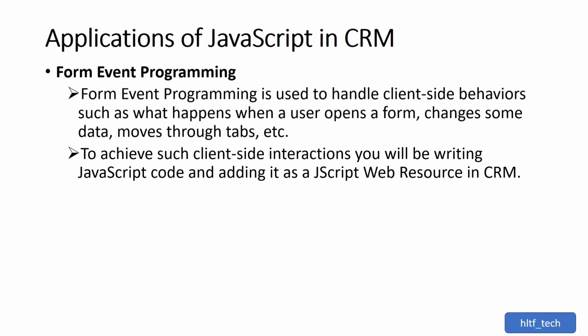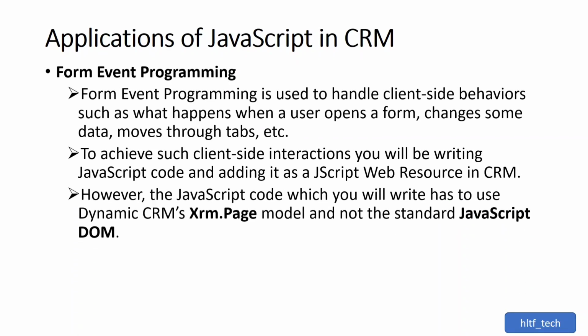Similarly, to achieve such client-side interaction, you will write JavaScript code and add it as a JavaScript web resource in CRM. For any client-side interaction or event, you will write the code. We will also write one in our upcoming video for your understanding.